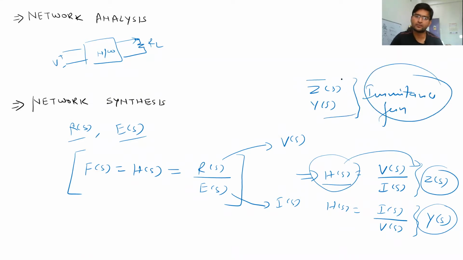You just have to remember this, and only these two cases we will have. We will see some conditions depending on which we will be able to synthesize this network function into a real physical network, and see the different kinds and methodologies by which we can synthesize our networks.